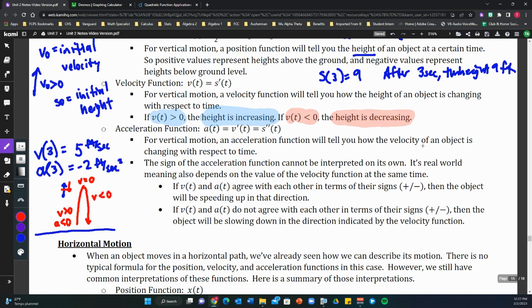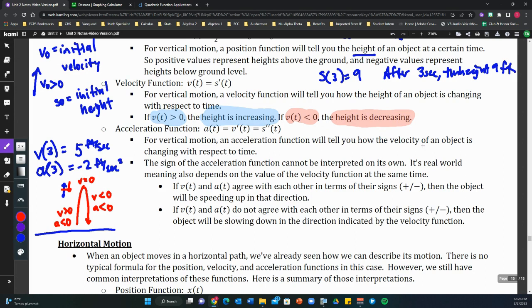Traveling down means my position is decreasing, getting closer to 0. So velocity is negative. Acceleration is always negative when we're talking about vertical motion on the Earth. So because they're agreeing, this is where that object's velocity is going to be increasing in a negative way. Or in other words, the object itself is speeding up. It's getting faster and faster the longer it falls towards the Earth.